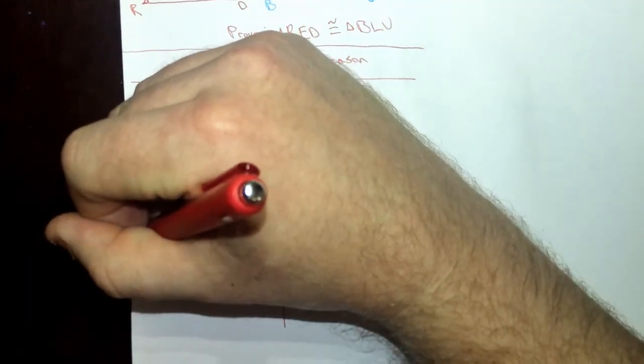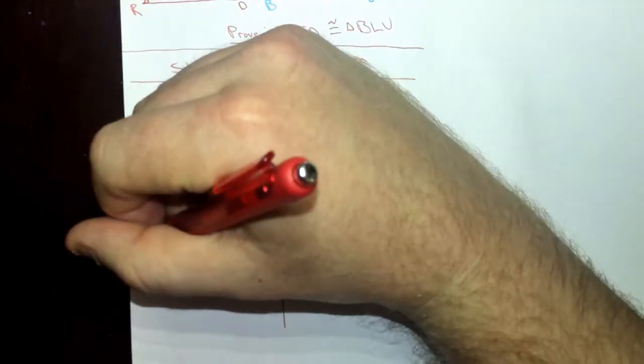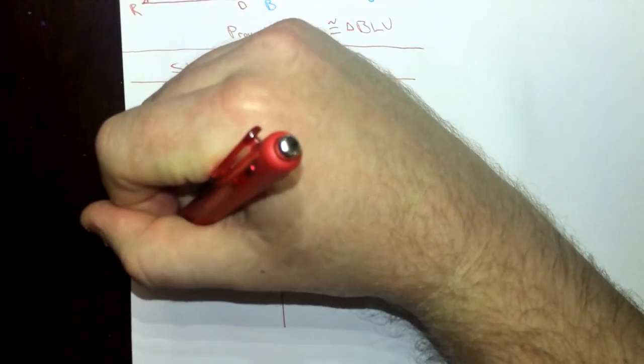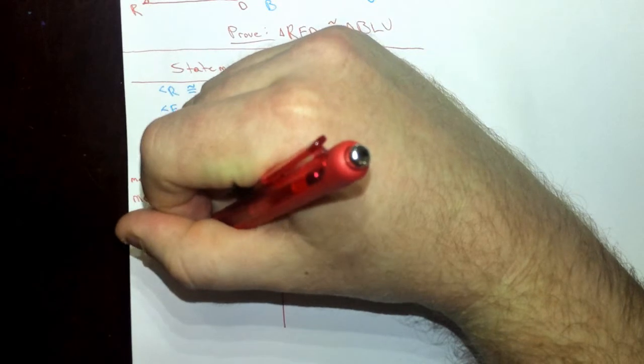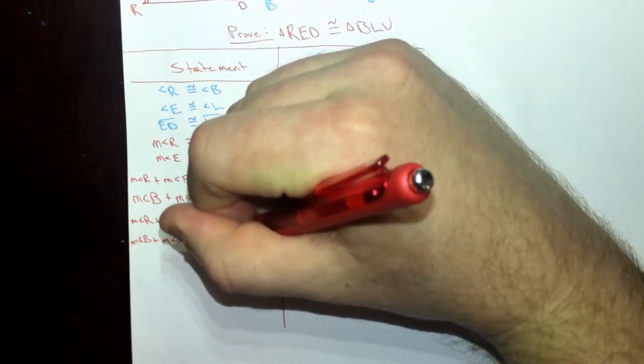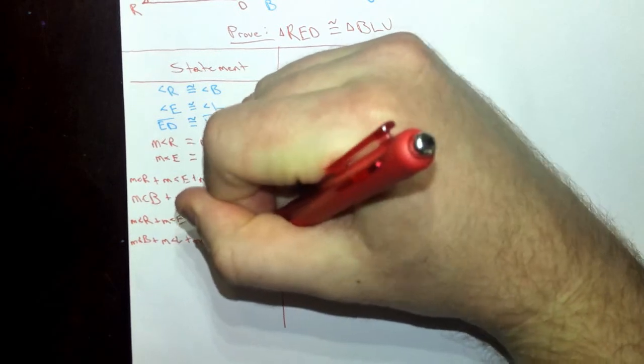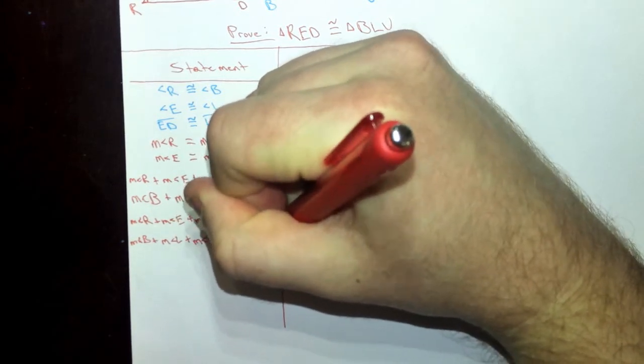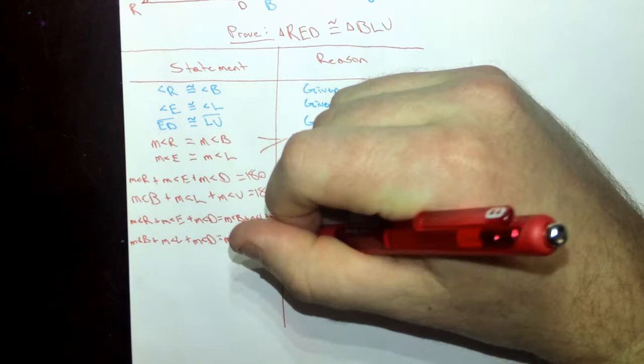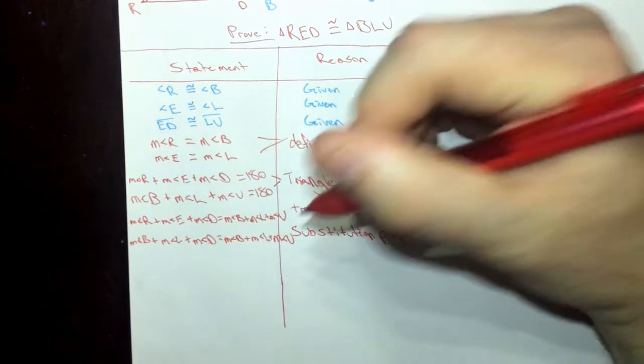So that would look like measure of angle B plus measure of angle L plus measure of angle D is equal to measure of angle B plus measure of angle L plus measure of angle U. Still running out of room there.